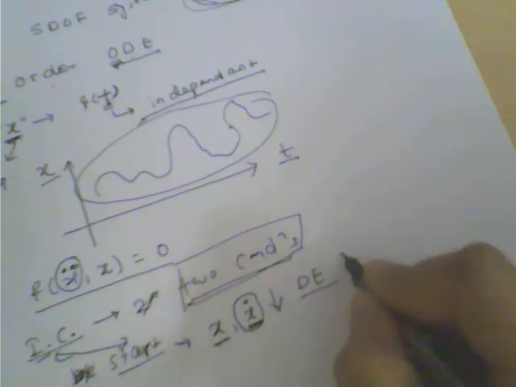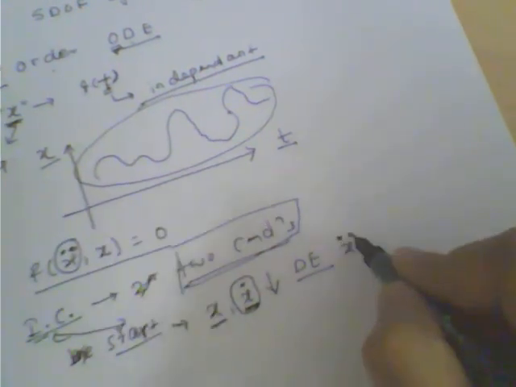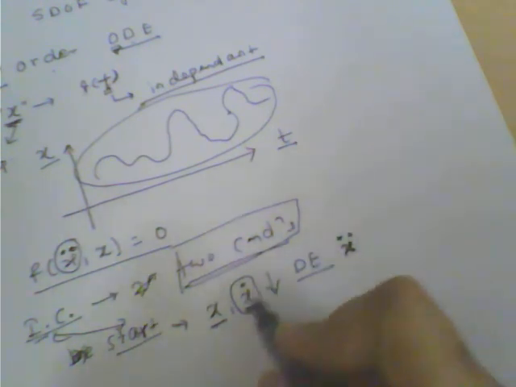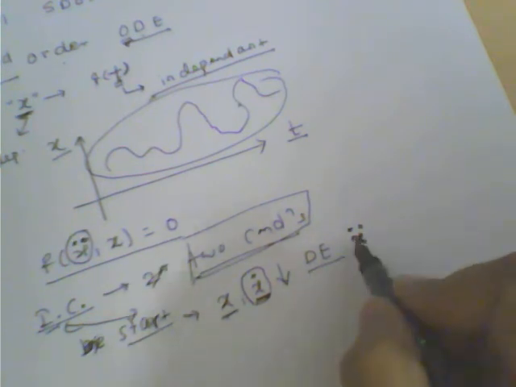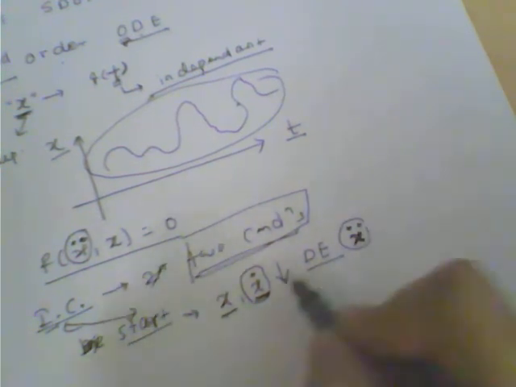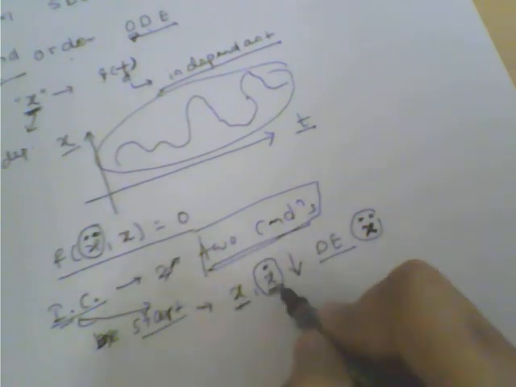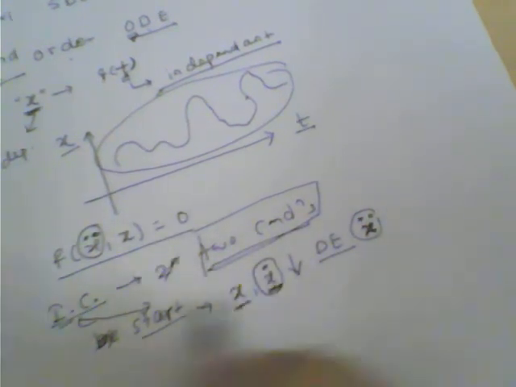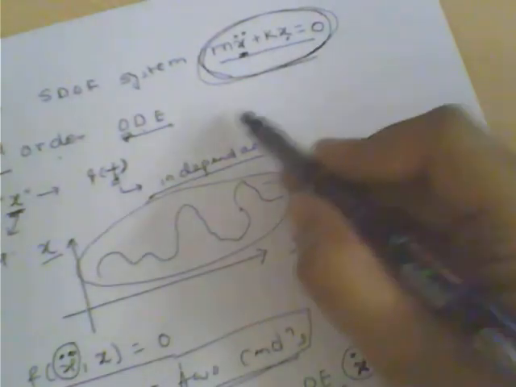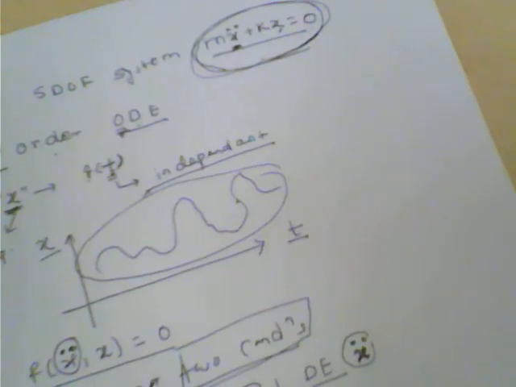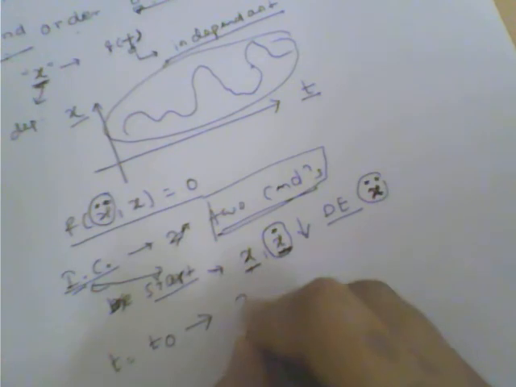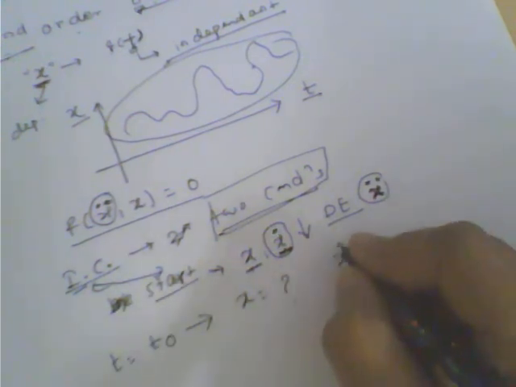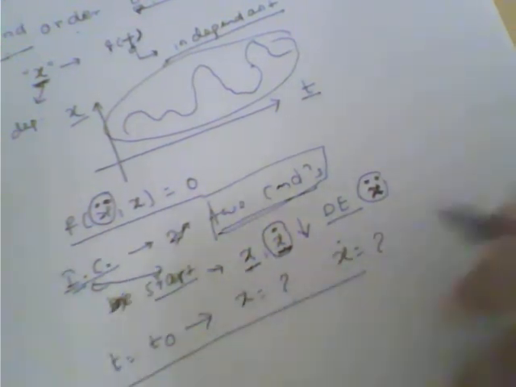The highest derivative appearing is x double dot, so you specify conditions on x and x dot. Once you specify x and x dot at the beginning along with this equation, your problem is completely defined. At time t equal to t0, you need to tell what x is and what x dot is.